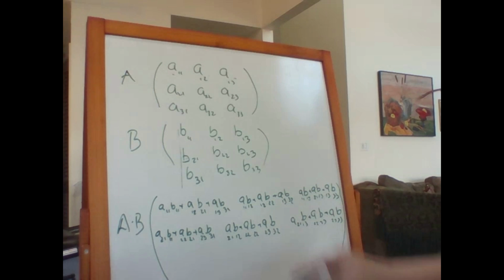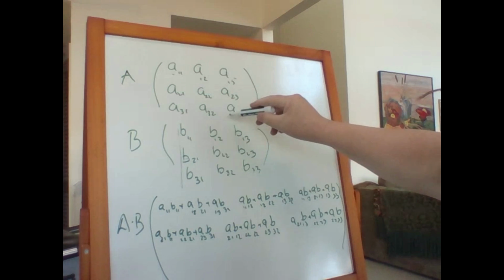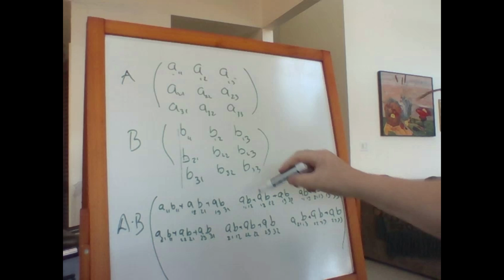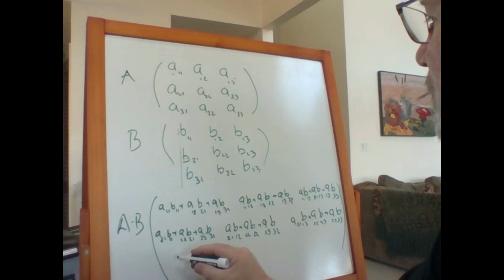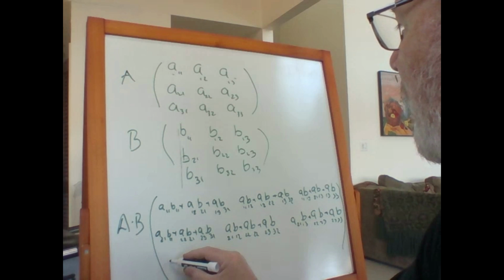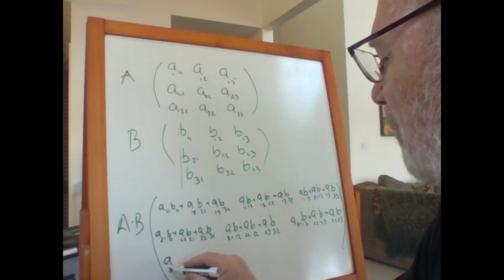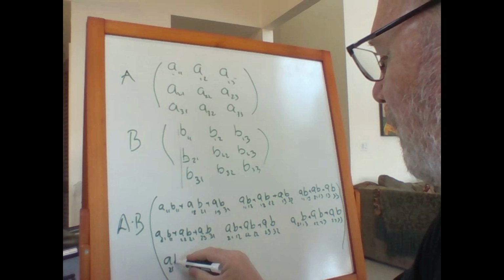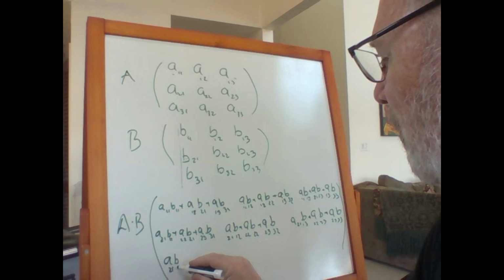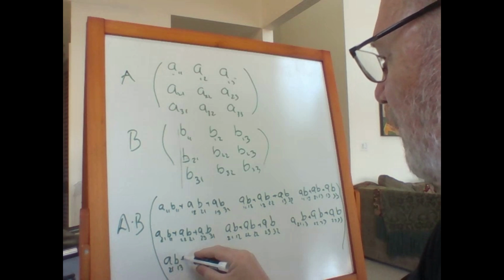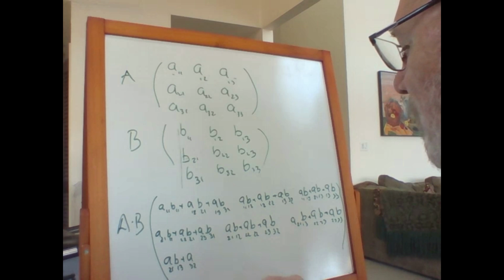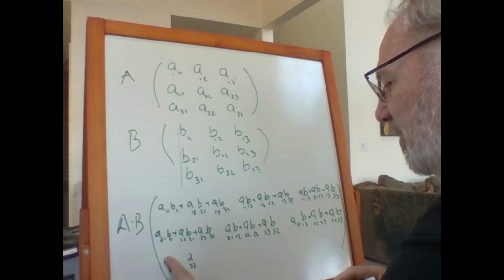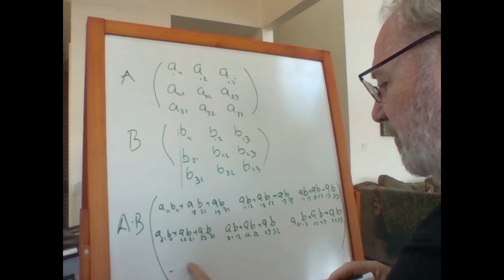And finally, this last row multiplied by the last column gives us our last positions for this multiplied matrix. What am I doing? I'm sorry, I have to do the first column.